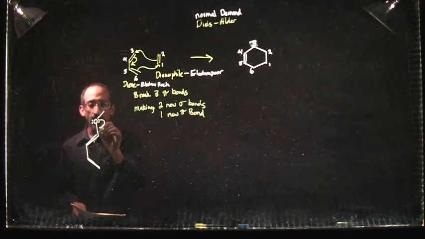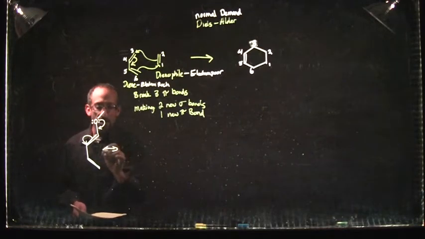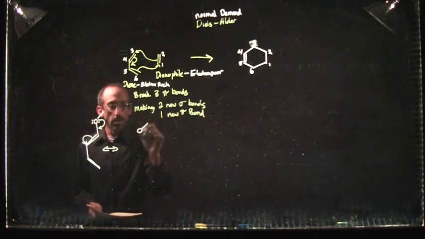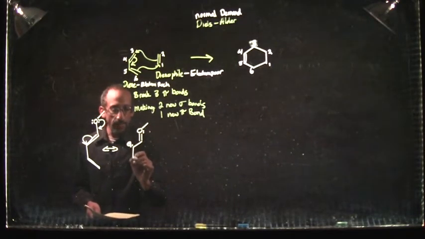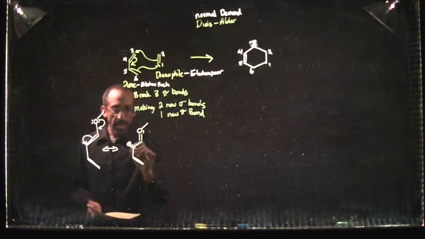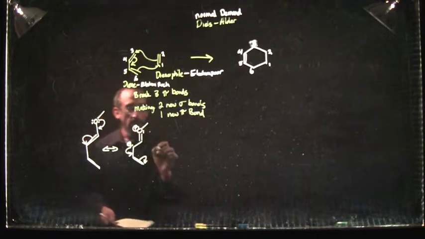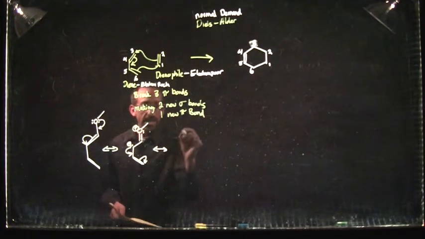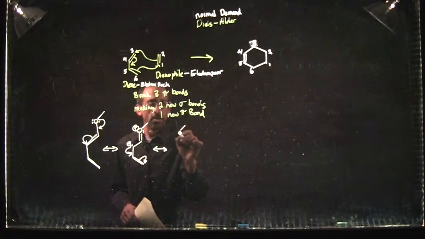Arrow pushing to generate a resonance structure shows me that I can generate one resonance structure for this compound that puts a negative charge at that carbon, and then I can draw a second resonance structure that puts a negative charge at a terminal carbon.